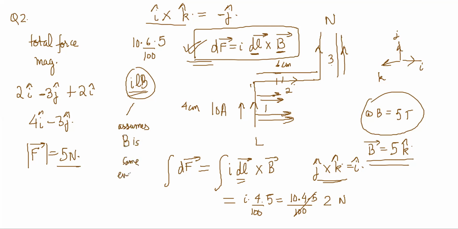Sometimes it will not be like that, and you will forget that, and then that will be a mistake, right? So write it like this, and then you will realize in many questions it is same. So then you don't have to worry about it. But this is the force on a tiny section, and you are integrating and finding the total force on the whole section.